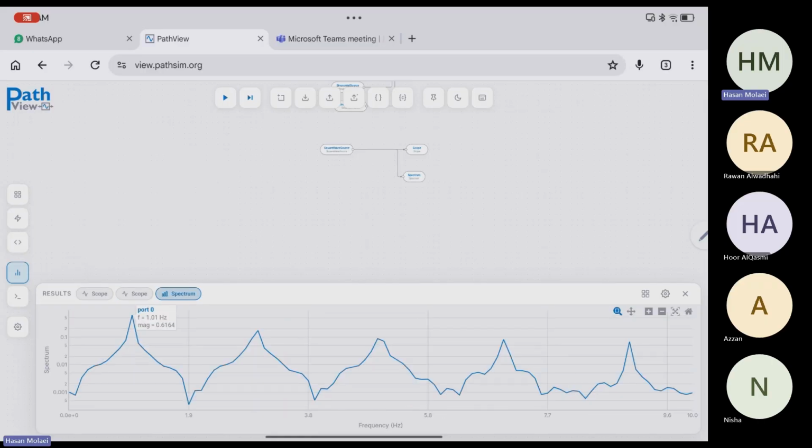Let me increase the number, or I can increase the time.